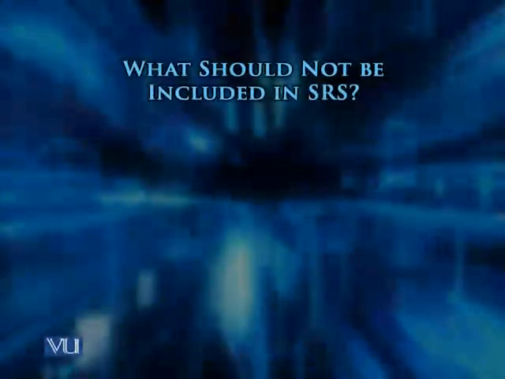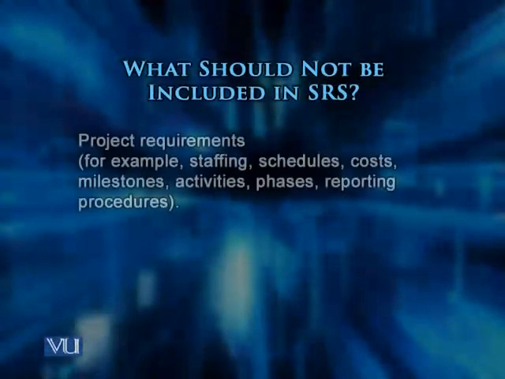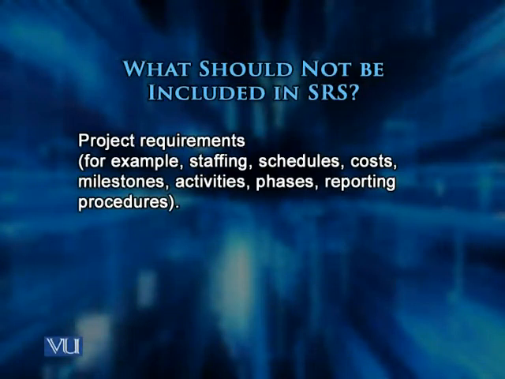These were the general things that should be included, or what are contained in the requirements document. Let's discuss what should not be included in a requirements document. Project requirements should not be included in the requirements document. Now, what are project requirements?